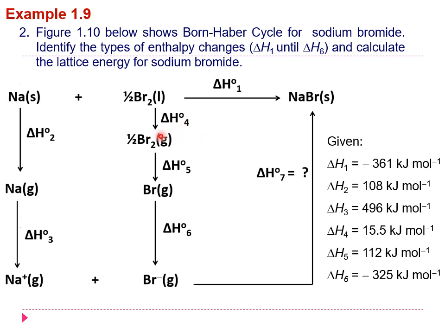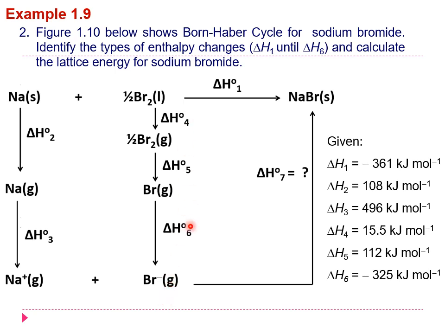And then this molecule of bromine is going to become atom, and we use enthalpy of atomization delta H5, with the magnitude 112 kilojoule per mole. And then when it becomes atom, it will turn into an ion in gaseous form. So this is the electron affinity of bromine, delta H6.